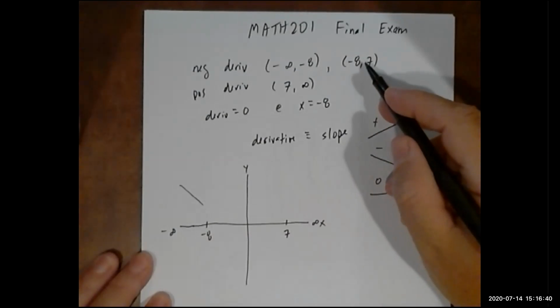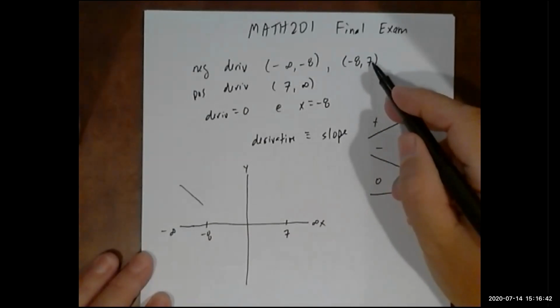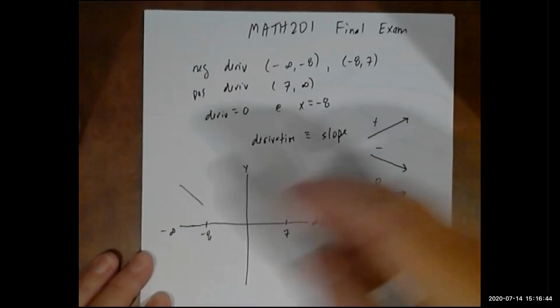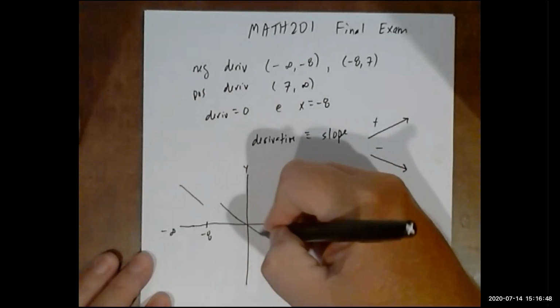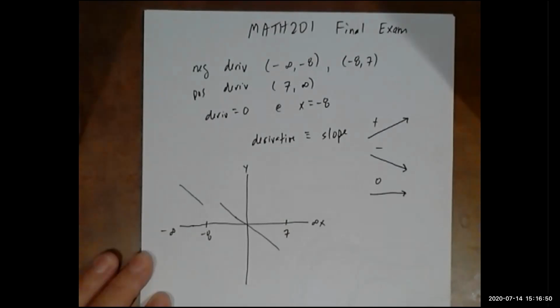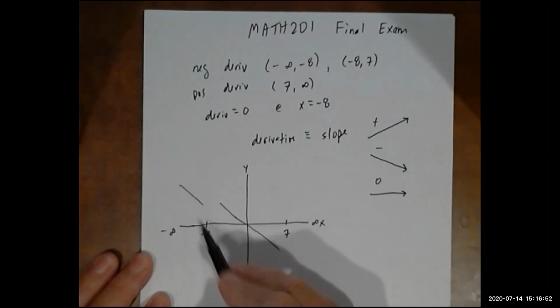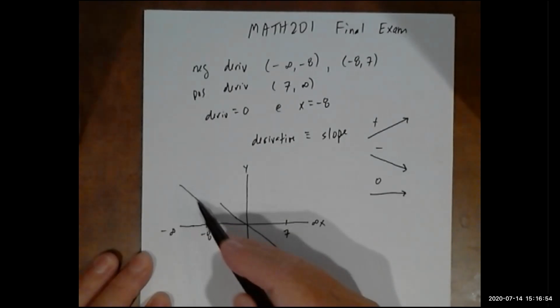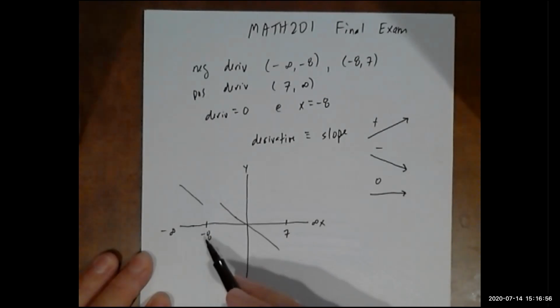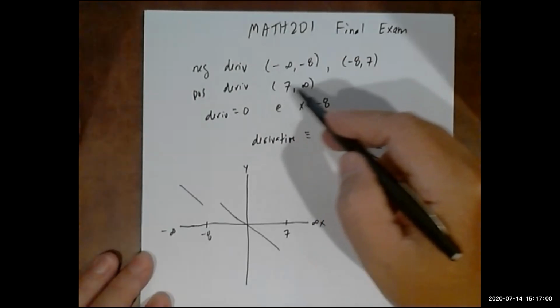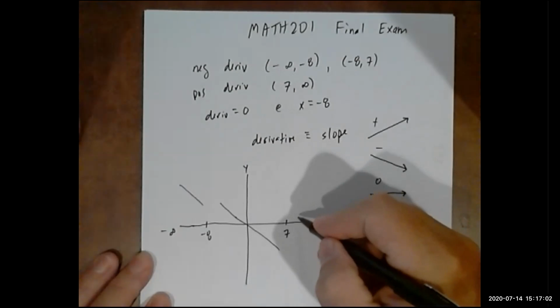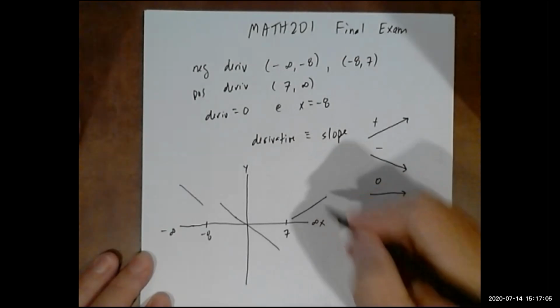And then also from negative 8 to 7, the graph is going down. Right? So my graph is going to be decreasing from negative infinity to negative 8, and from negative 8 to 7, it's decreasing. Now it's positive from 7 to infinity, so it's positive in here.